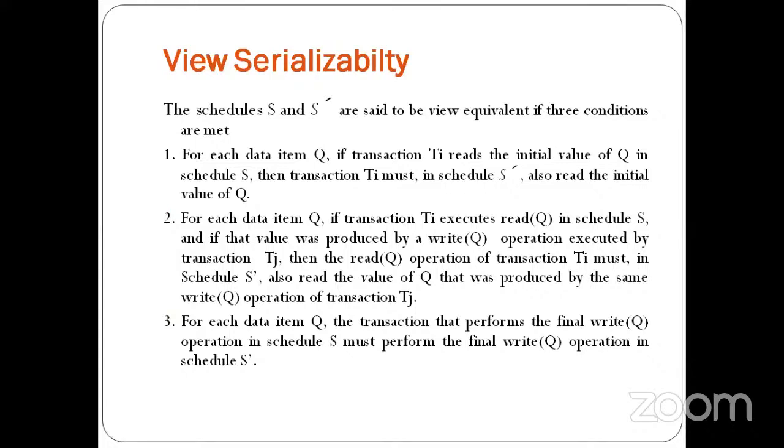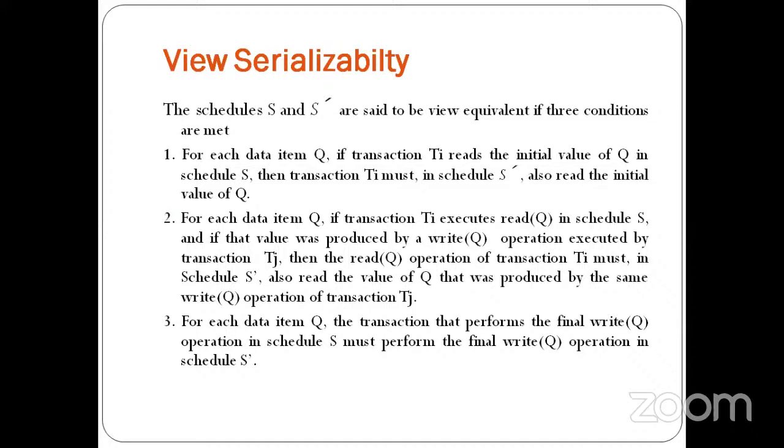Third, for each data item Q, the transaction that performs the final write Q operation in schedule S must perform the final write Q operation in schedule S dash. So it should follow these three conditions for each data item Q.